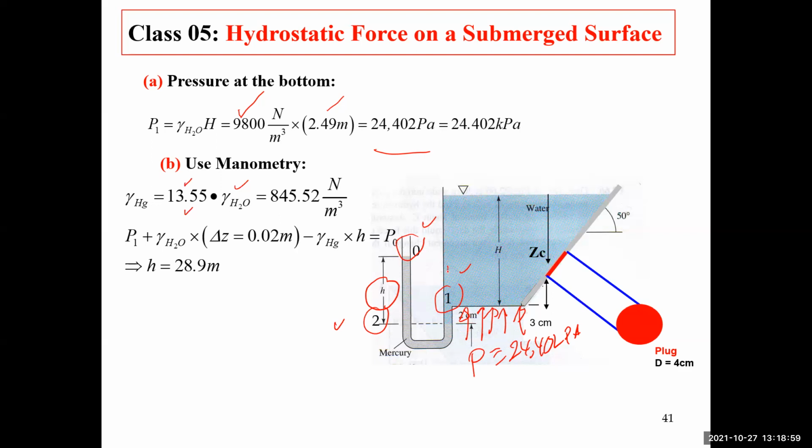So if I start at 1, I know that P1 plus gamma of water times its delta Z gets me from 1 to 2. Delta Z is equal to 0.02 meters.